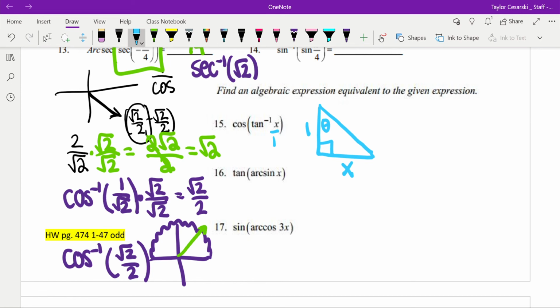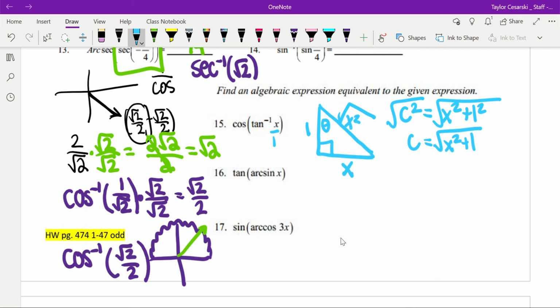Now, when I have two sides of a right triangle, I can find the third side using the Pythagorean theorem. I'm going to call that side c. So c squared equals x squared plus 1 squared. Take the square root. So c equals square root of x squared plus 1, because 1 squared is just 1. That's my hypotenuse. Now, what is the cosine of that angle?